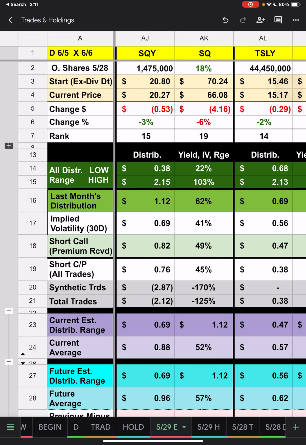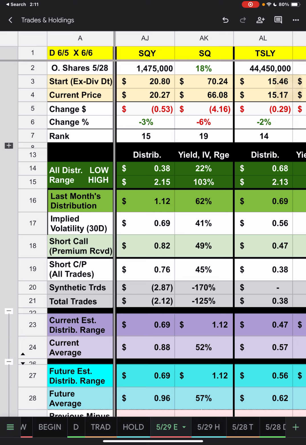And then we have Squee. I was looking at the bottom. They're the same numbers for the range, but the average is different, and I guess that other calculation of the future short would be why.